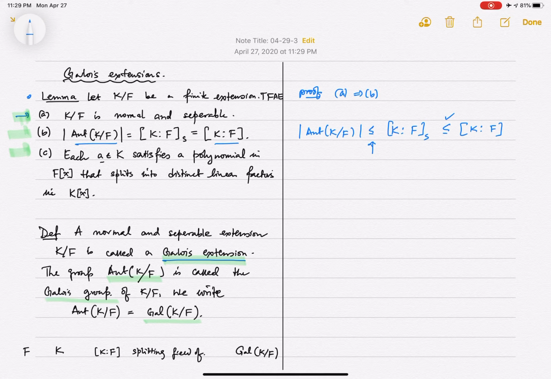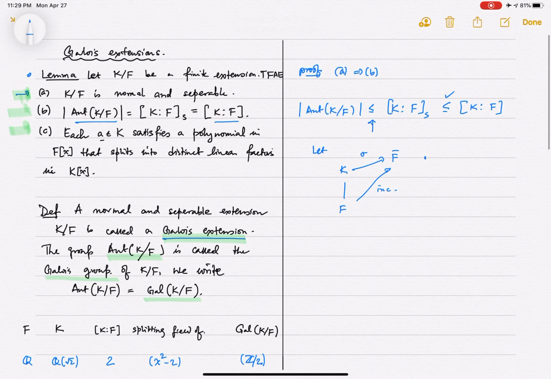And this is true because if you give me one embedding, so let sigma be some embedding of k in f bar, such that its restriction to f is identity, then I can produce this many embeddings just by precomposing with the automorphisms.